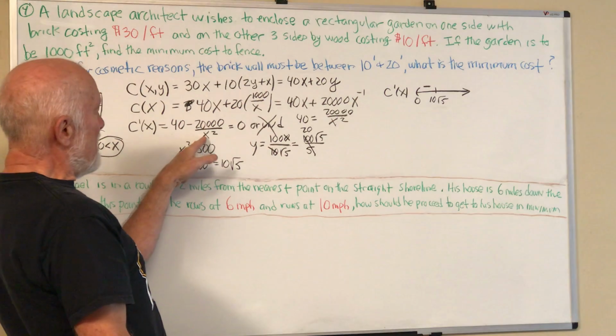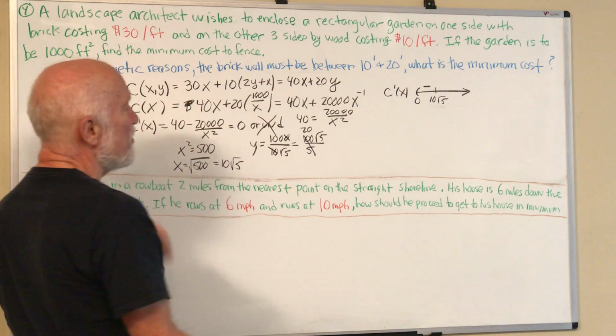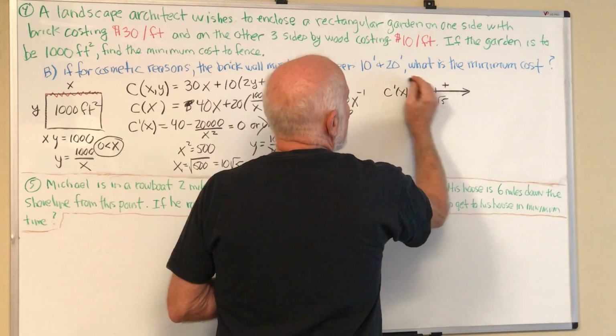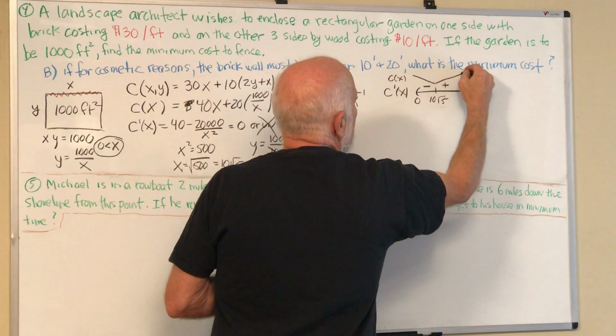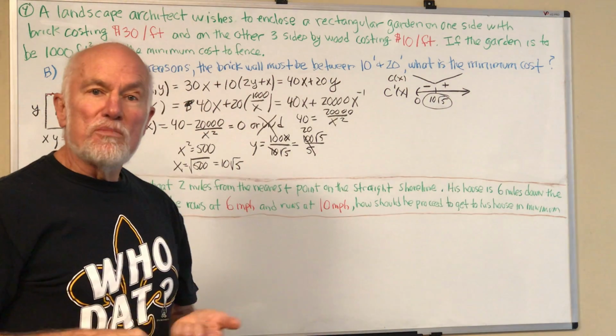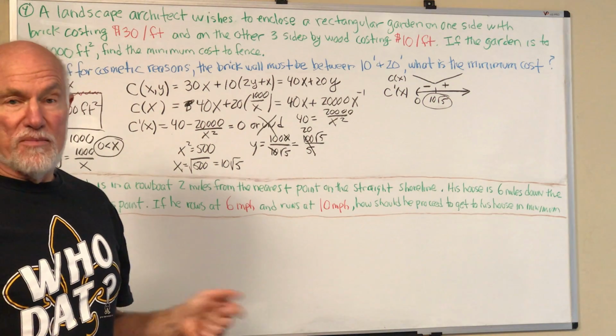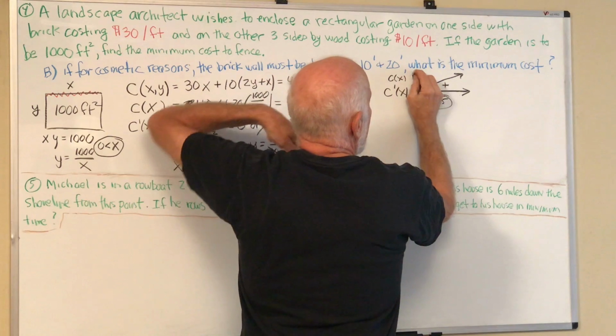And if you took a really big value of x greater than 10 root 5, this gets really small, so the derivative is positive. So you can see that the cost goes down and then it goes up. So this really is not only a local minimum, but an absolute minimum. You can see that the cost goes higher in both directions.